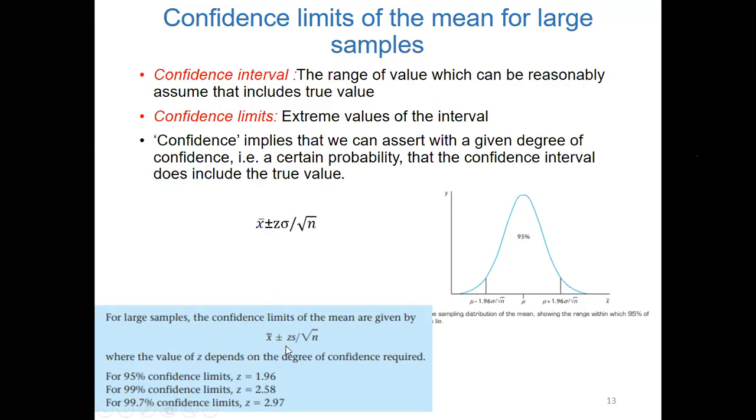And Z is constant and the population standard deviation equals the sample standard deviation. So we can replace the mu and sigma with the x bar and s, right? I hope it is clear.